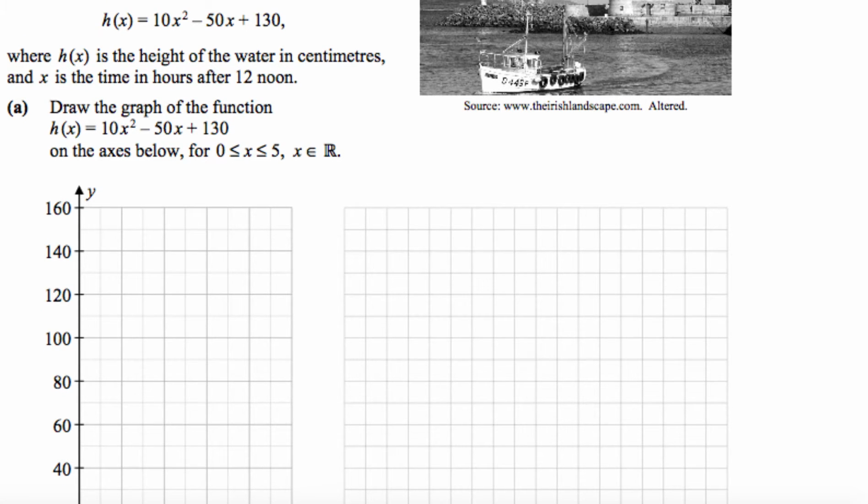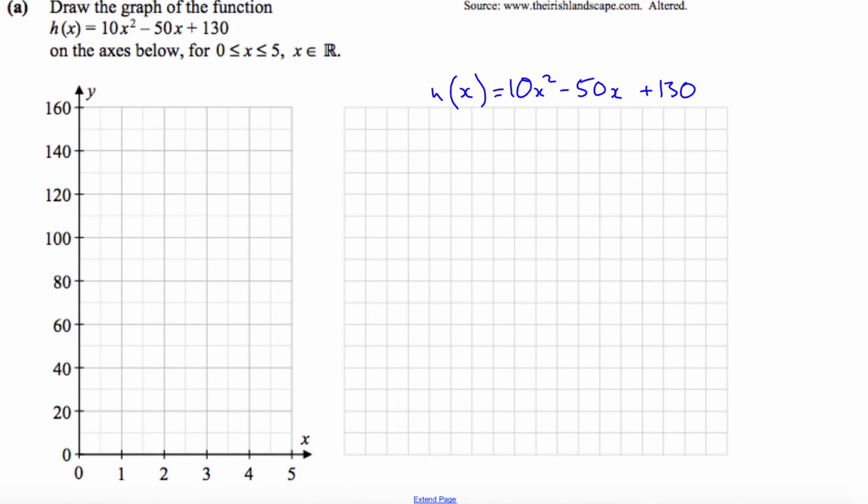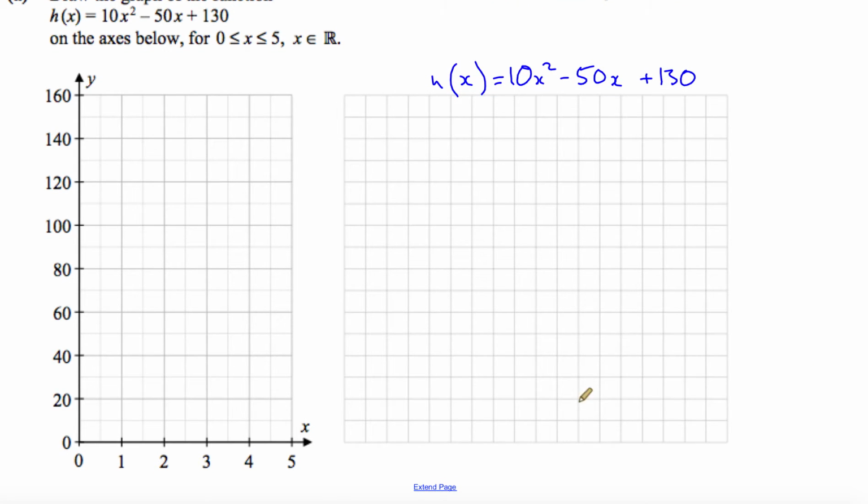So remember we have our function h of x is 10x squared minus 50x plus 130. So there's our function. And we have to plot the curve on here.